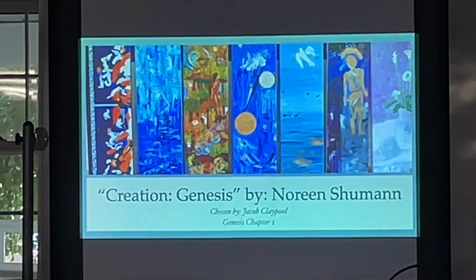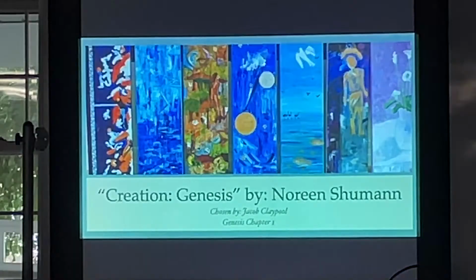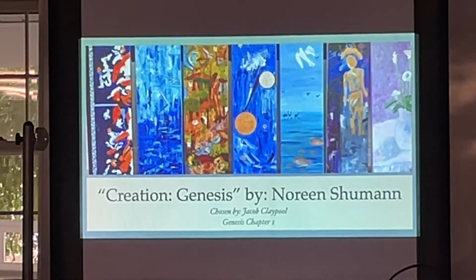Okay, so the first one is maybe a little bit too abstract for us, but what happened on the first day of creation? God made it. God made what? And darkness.